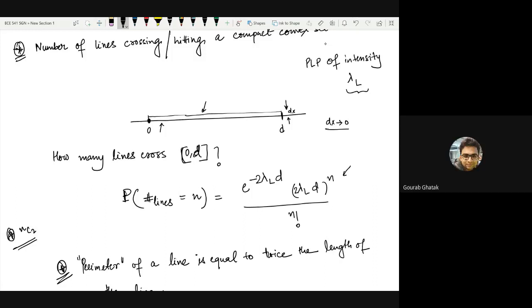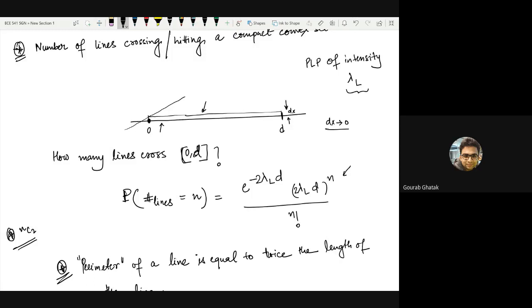I think it was Vaibhav who was asking this question. In case this rectangle is a big one, in case dx is a large one, you would have lines like this, which did not cross the initial line but cross the rectangle. But if dx is infinitesimally small, the number of lines crossing the rectangle and the number of lines crossing the initial 0 to d line would be exactly the same.